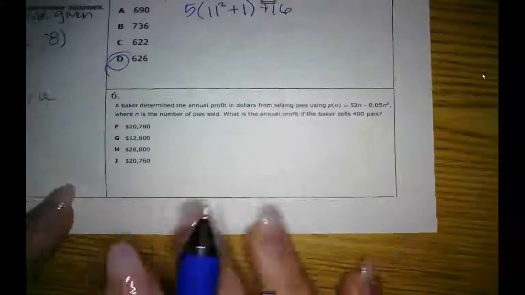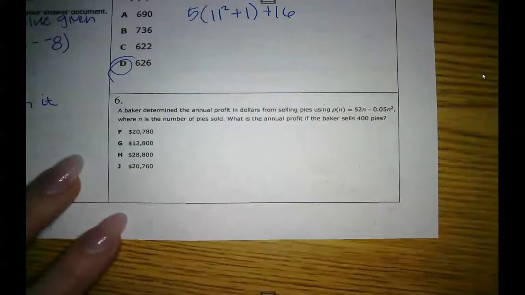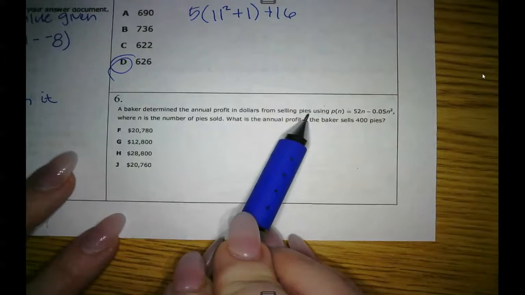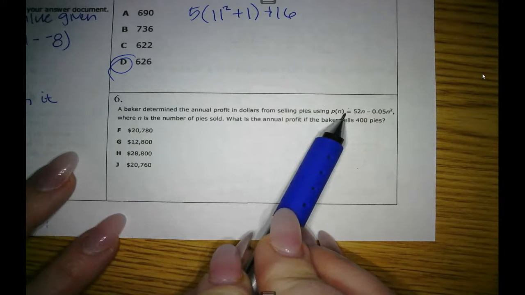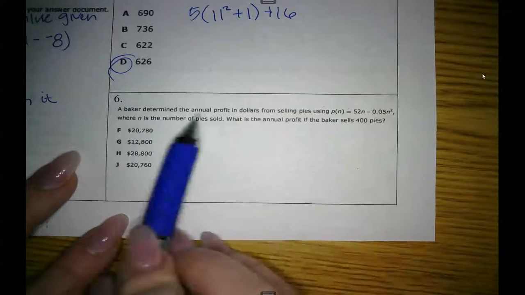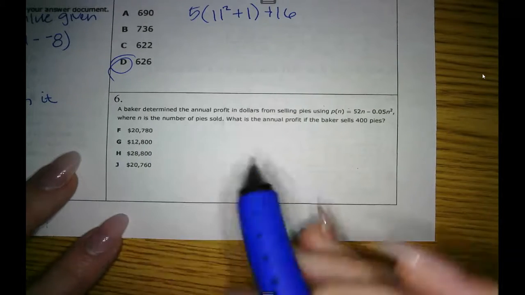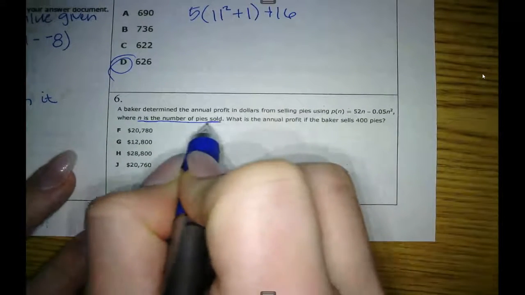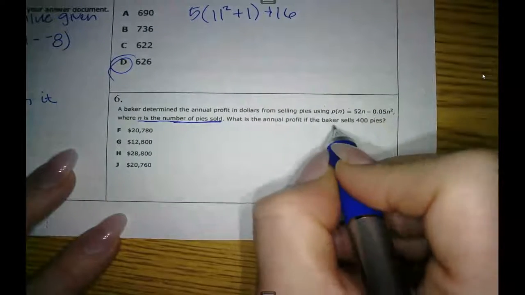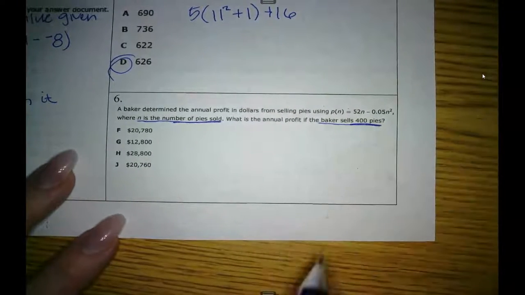All right, we might also see these as word problems. A baker determined the annual profit in dollars from selling pies using P of n equals 52n minus 0.05n squared, where n is the number of pies sold. What is the annual profit if the baker sells 400 pies?